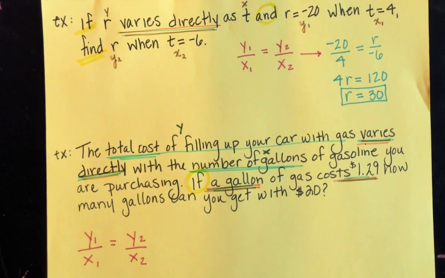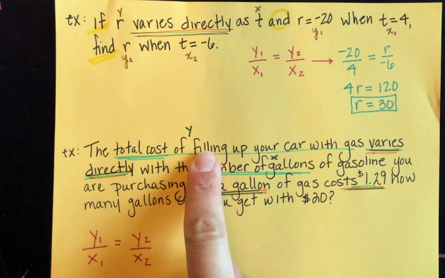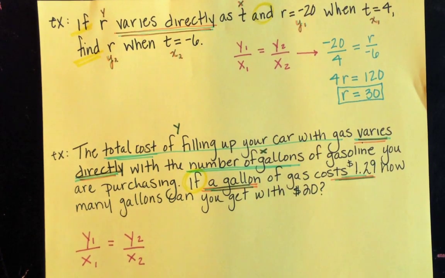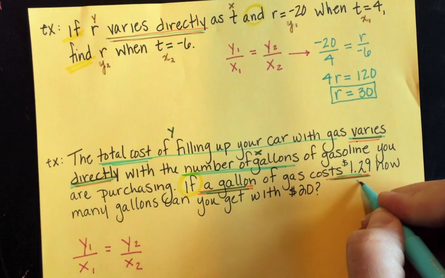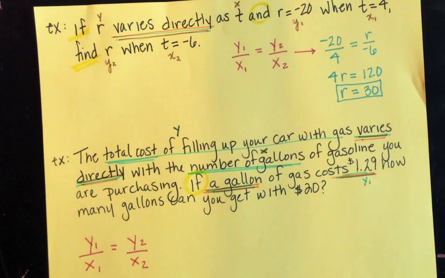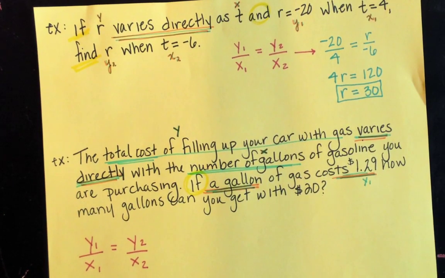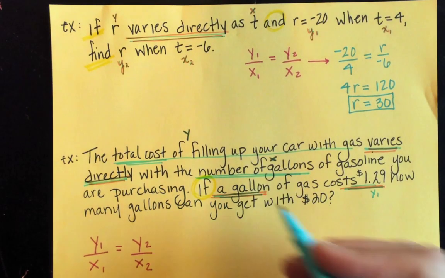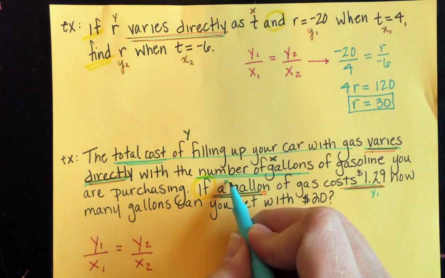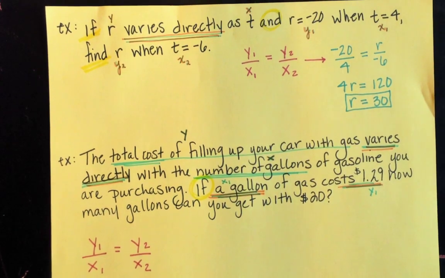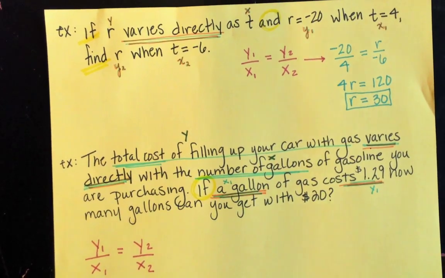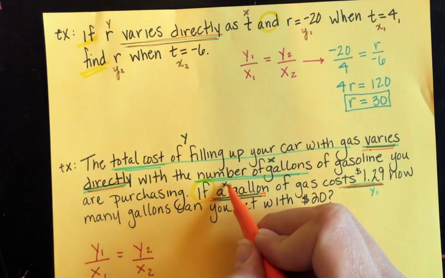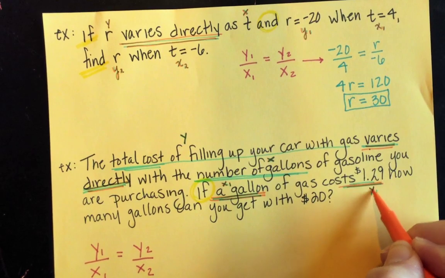Because we're still in this hypothesis situation, these are our y and x ones. Now it says the total cost is the y, so that's this one over here. Here's our y1. Number of gallons is supposed to be our x, so here's our x1. Now, after the word how, that's kind of like our find.